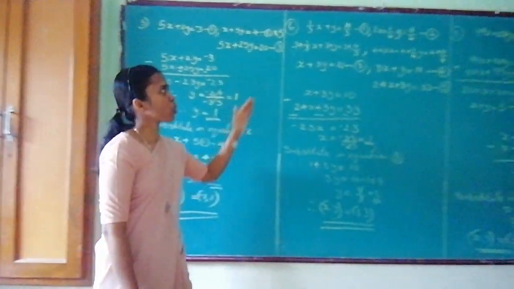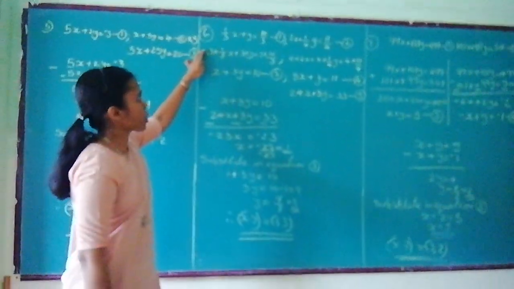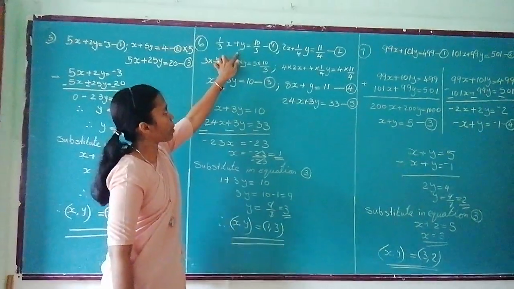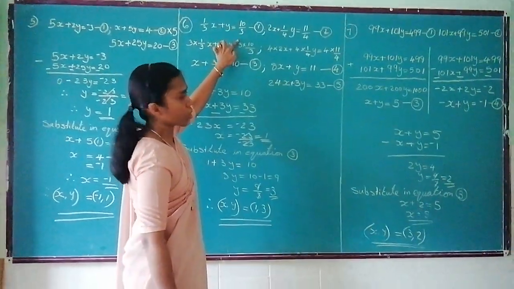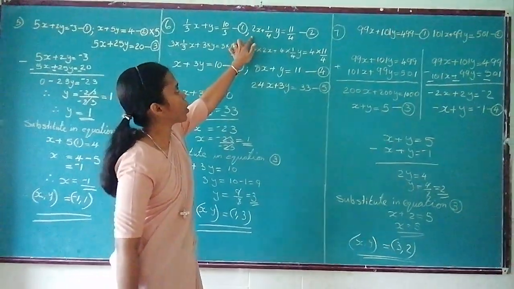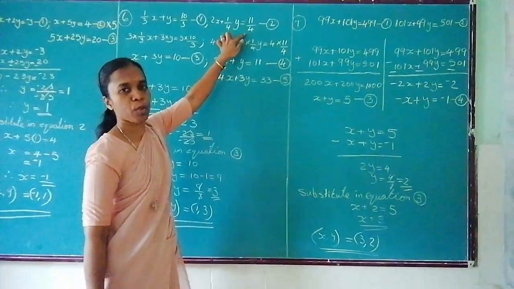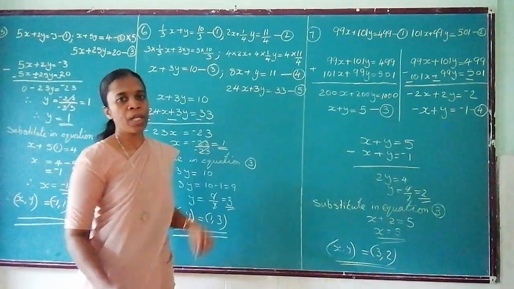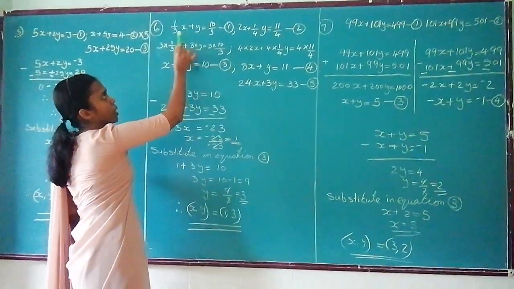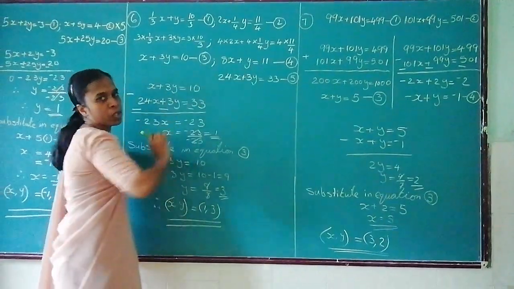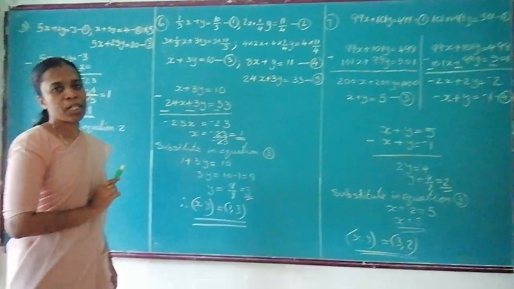Let us see the sixth question. In the sixth question, we have (1/3)x + y = 10/3. That is equation 1. 2x + (1/4)y = 11/4. This is your equation 2. Now if you look over here, you can see there are some denominators. So first we get rid of the denominators.